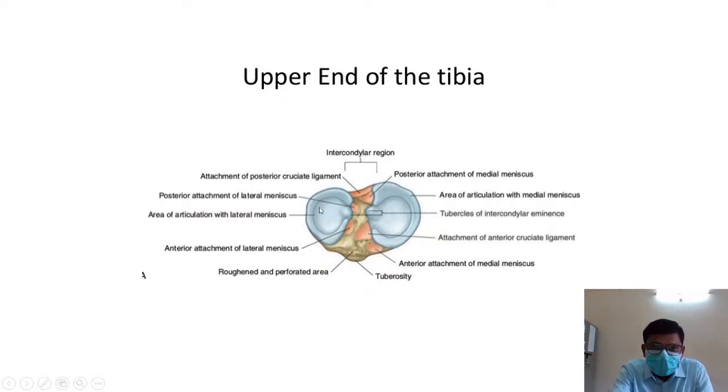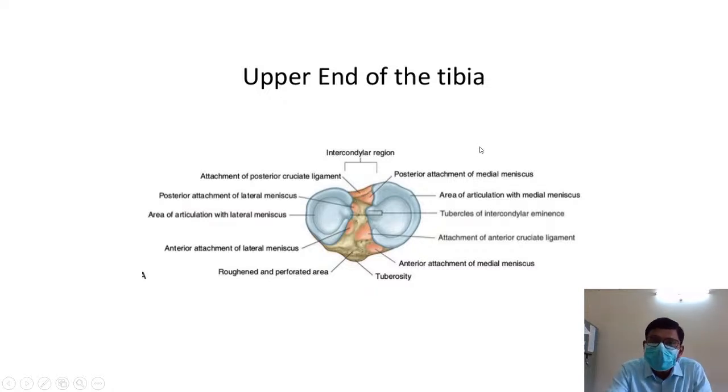So from here the lateral meniscus is starting. Now you can see this rounded lateral meniscus, which is smaller when compared to the medial meniscus. So this is the area of articulation for the lateral meniscus. Then finally, once you reach back here, you can see the attachment of the posterior cruciate ligament.